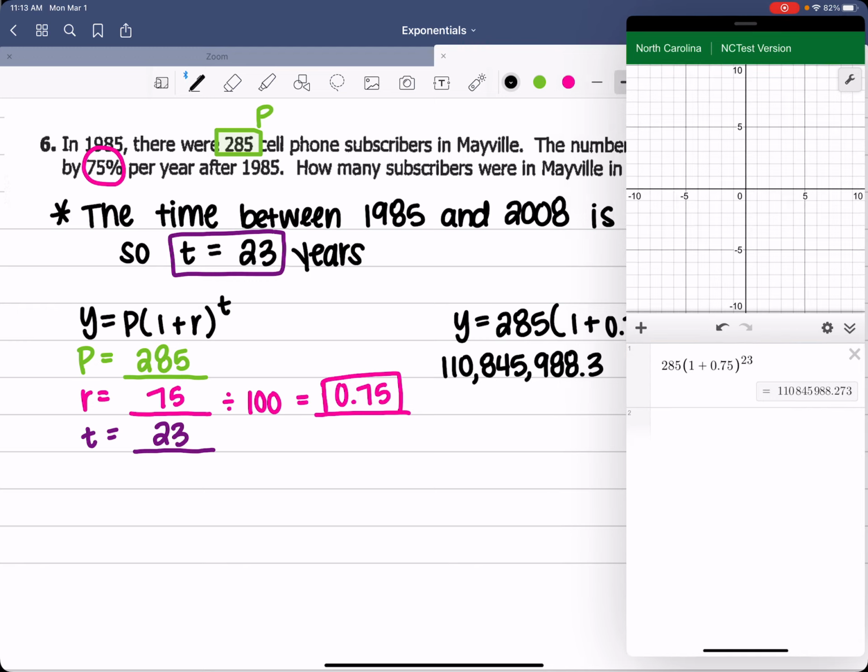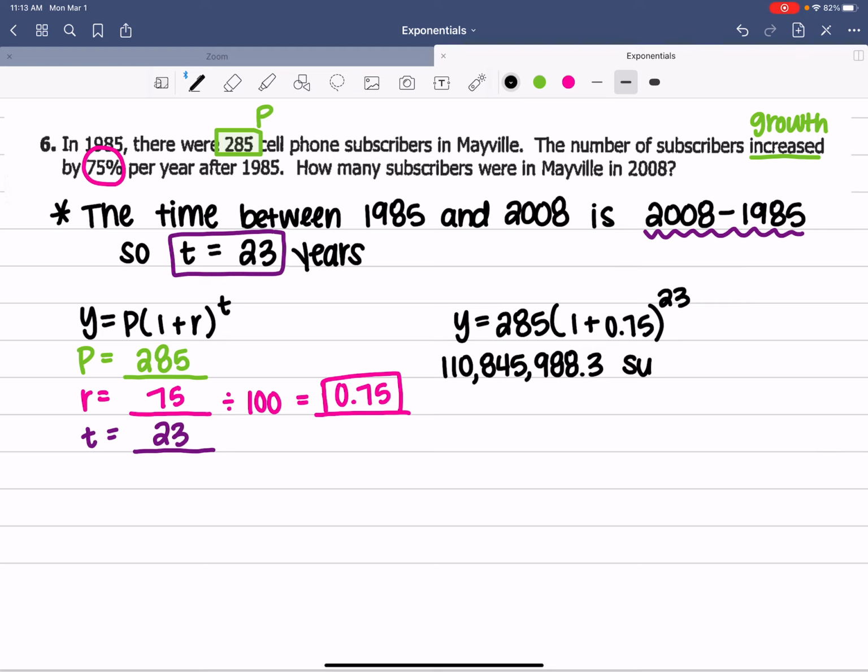But since we're talking about subscribers or a number of people, we would need to approximate that to the nearest whole person. So that 0.3 is not large enough to bump that up to a 9 in front of it, so it's going to stay as 110,845,988 subscribers.